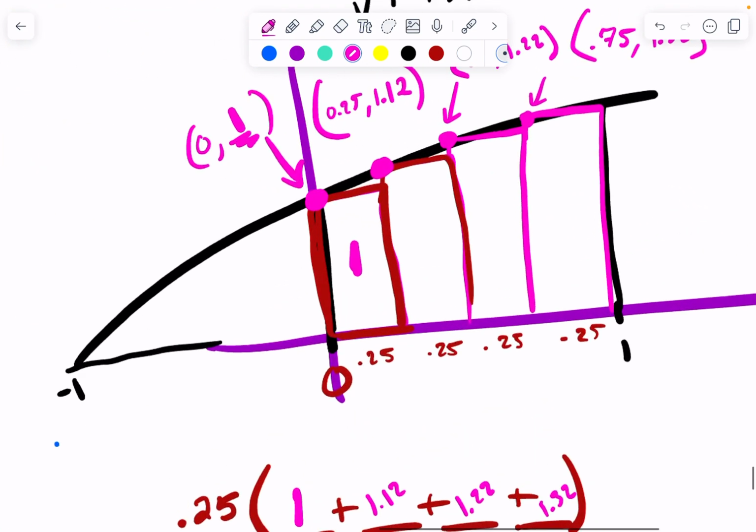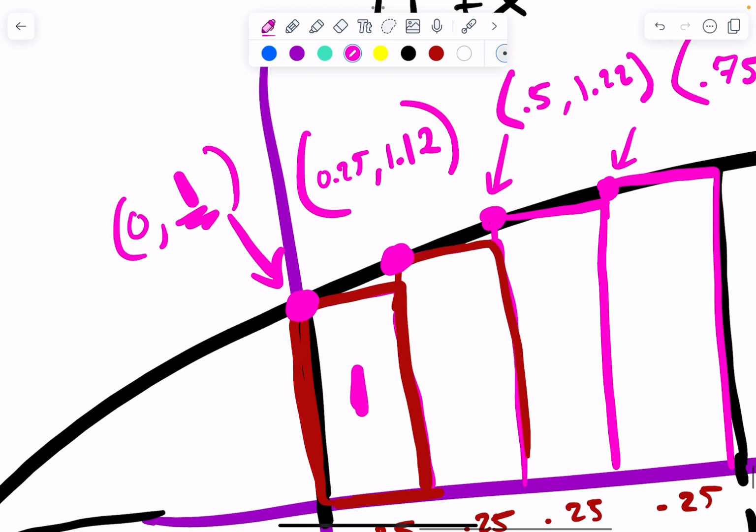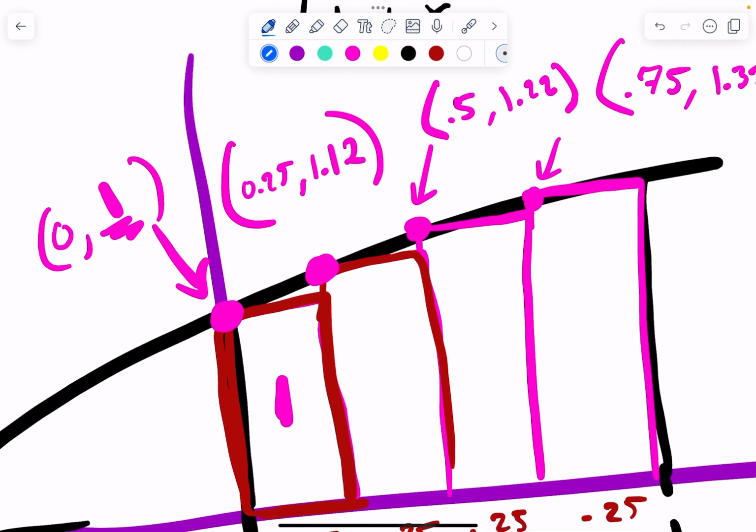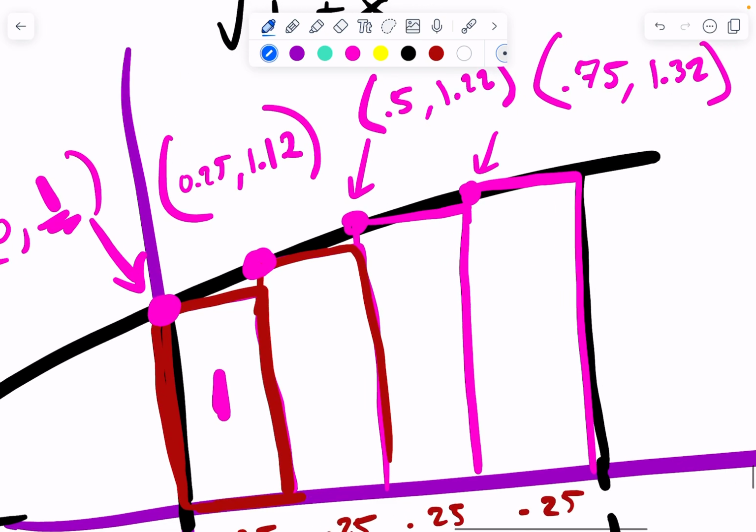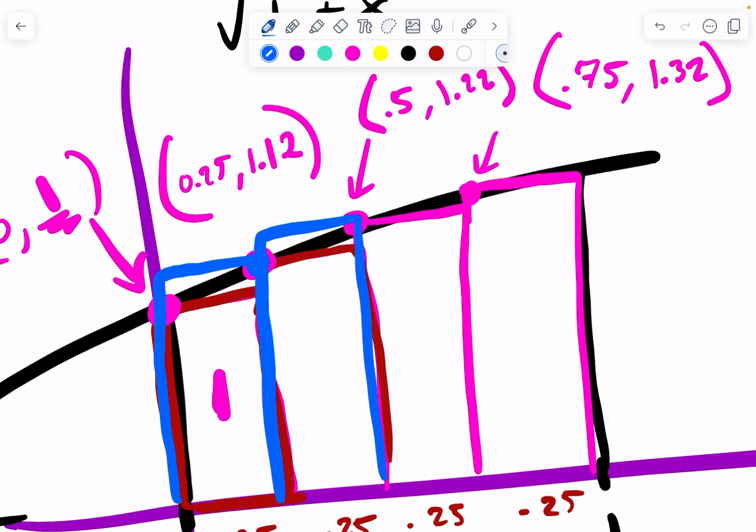Okay, now, using the right endpoints, I'm going to leave my work here for the left endpoints, because the right endpoints are just going to slightly change him just a little bit. Now, my first tower is going to go off of this right side. My second tower is going to look like this, according to this right endpoint, okay? And this tower is going to go off of here, so slightly taller, okay?